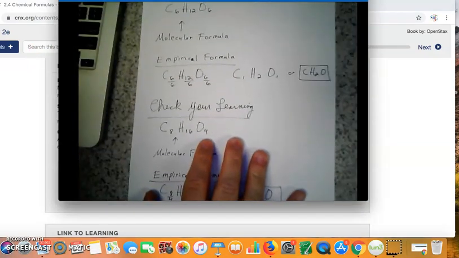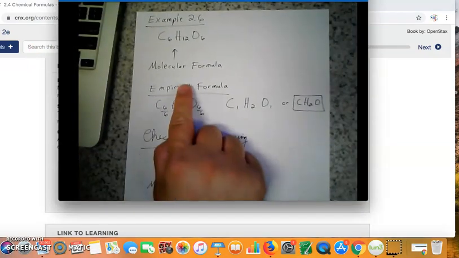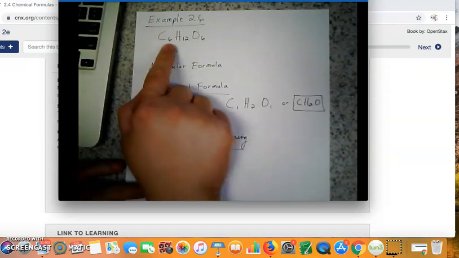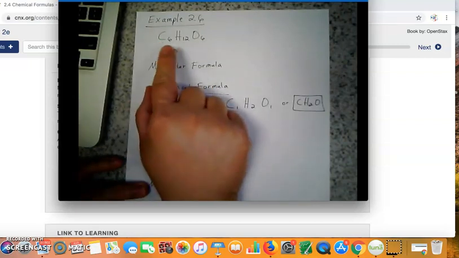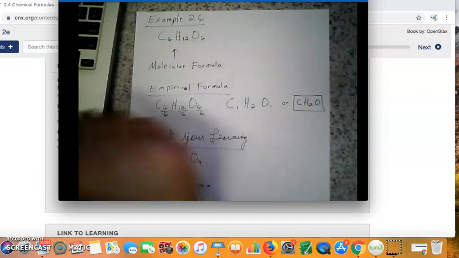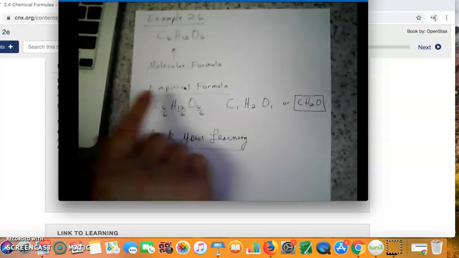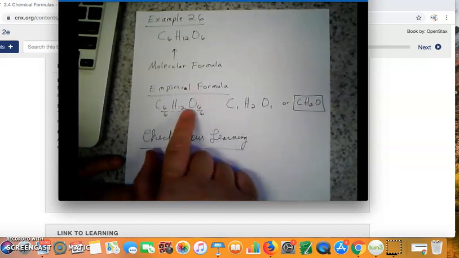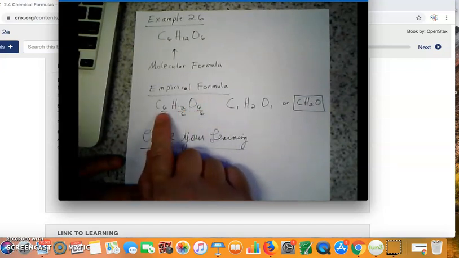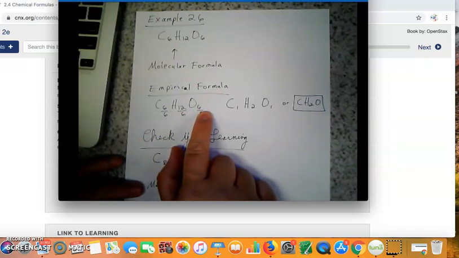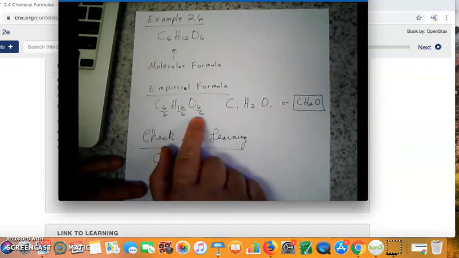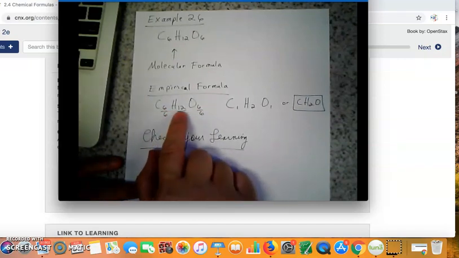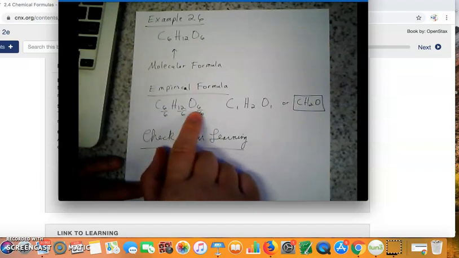Here they pretty much gave me the molecular formula, right? It said 6 atoms of carbon, 12 atoms of hydrogen, 6 atoms of oxygen. So that's the molecular formula. For the empirical formula, I have to figure out what number I can divide all of these by evenly. And I'm looking for the highest number, not the lowest. Here I could use 2, but it wouldn't be the empirical formula because then I could reduce it again, right?